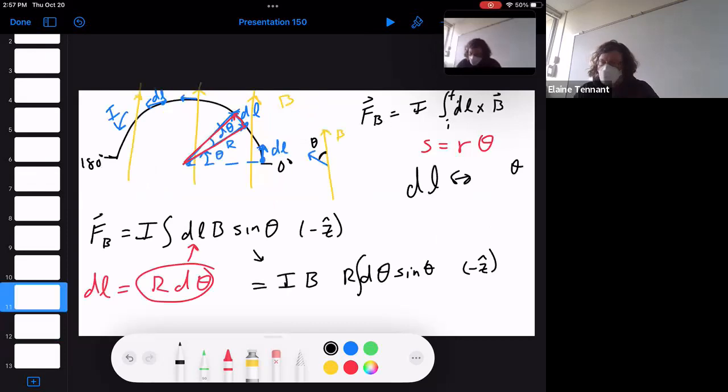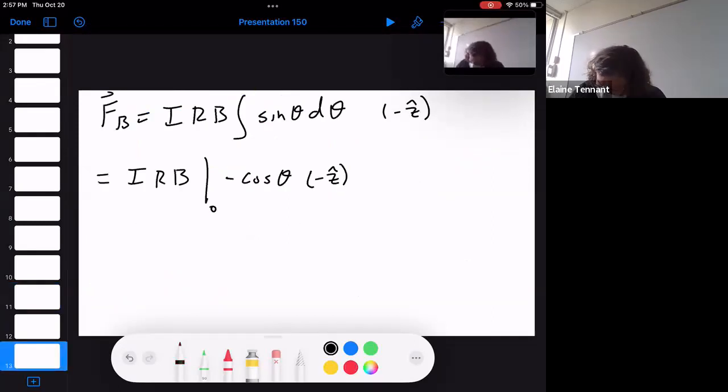I'm integrating theta. I want to start here and I want to end here. What angle should I begin at and what angle should I end at? Perfect. 0 to 180. Okay.